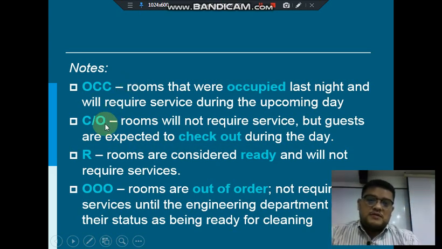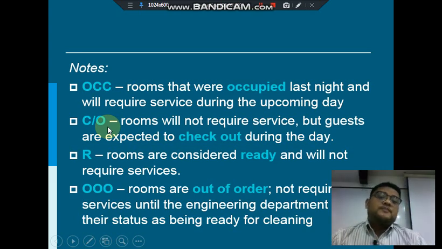Checkout room. CO means checkout rooms. So what is checkout rooms? These rooms will not require service, but guests are expected to check out during the day. So very early in the mornings, at around 6:30, you will get the room with the status checkout. Checkout means the guests will check out during the day, which means they will check out before 12.